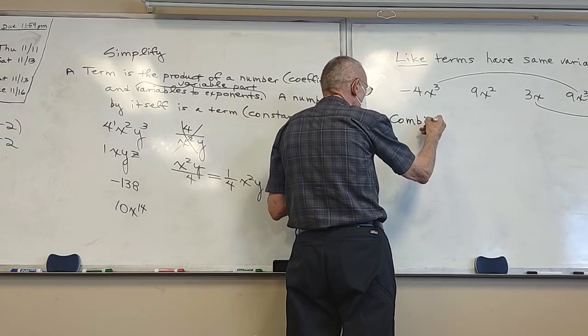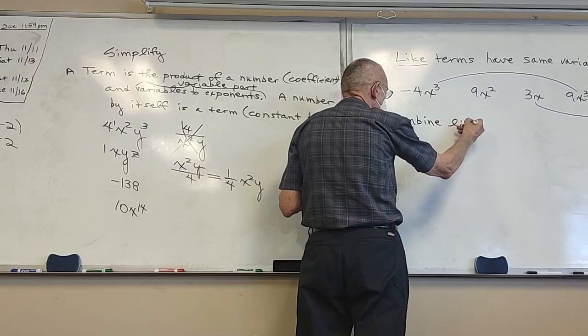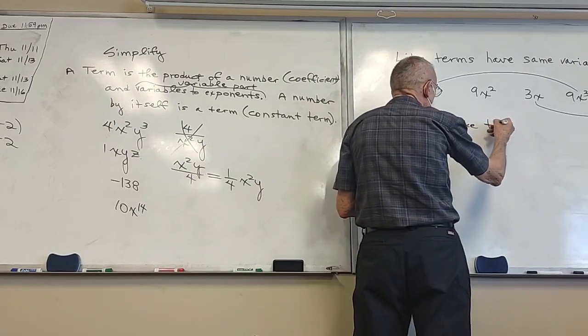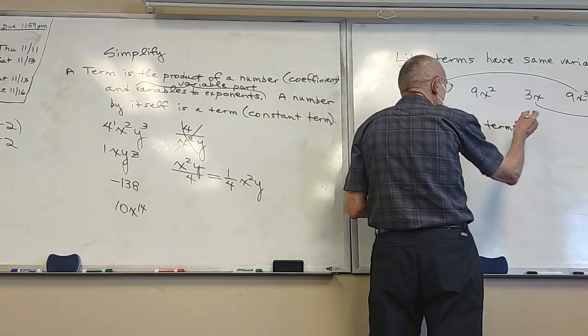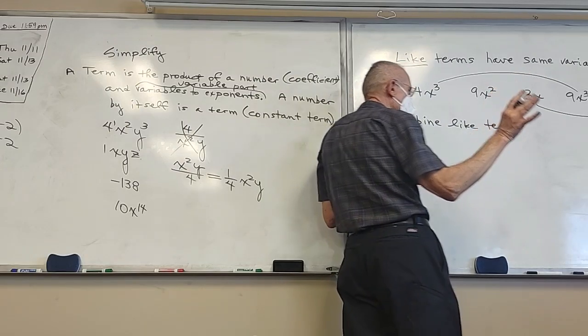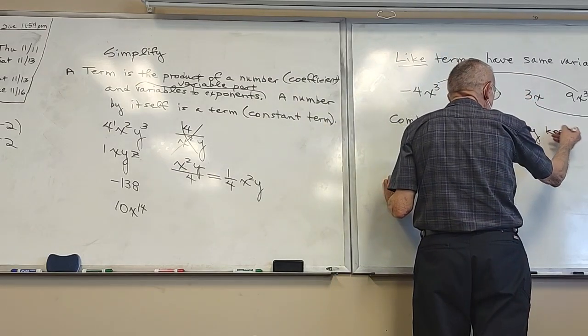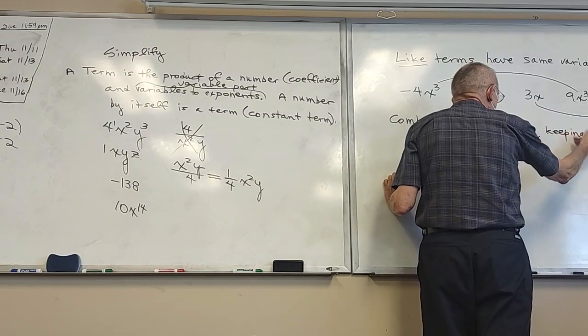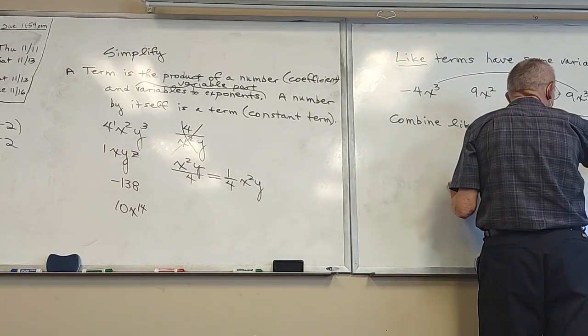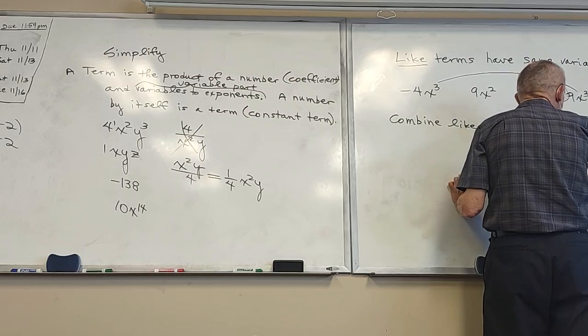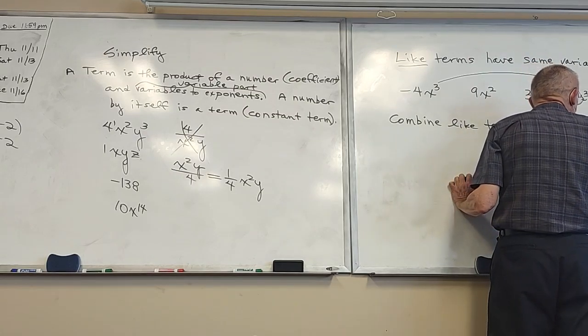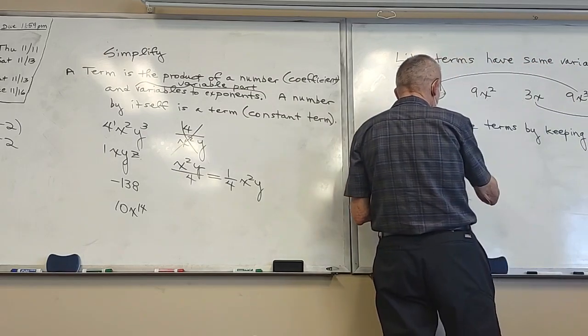Combine like terms, which means they have the same variable part. Combine like terms by keeping the variable part. Don't you change it at all. Keep the variable part, but combine the coefficients.